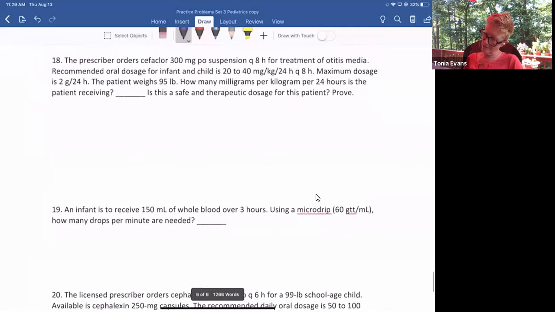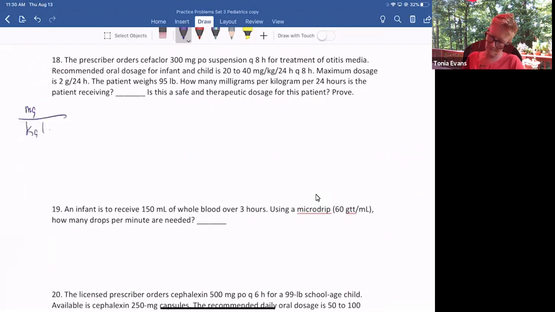Okay, Cefaclor 300. Maximum dose is 2 grams in 24 hours. How many milligrams per kilogram per 24 hours is the patient receiving? If you guys can figure these out, you can do anything.